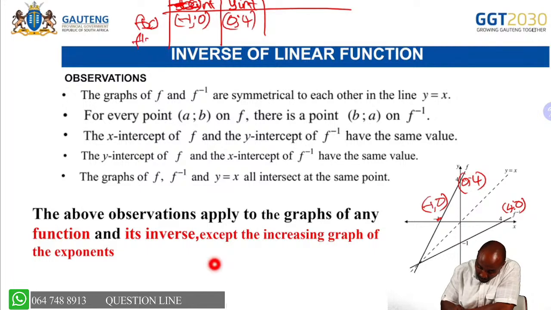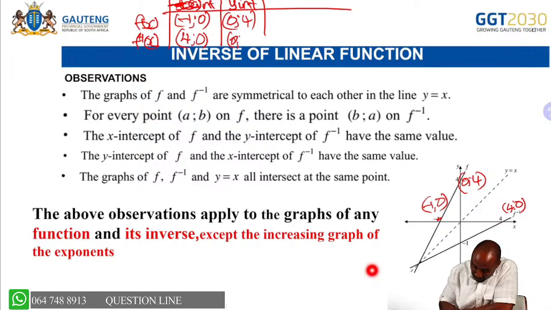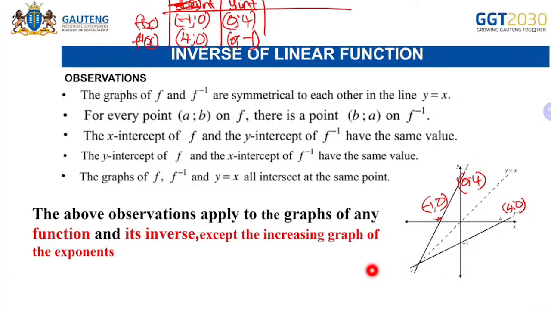For f inverse x, we had our x-intercept as 4 and 0, and our y-intercept as 0 and negative 1. So this is what we see now.